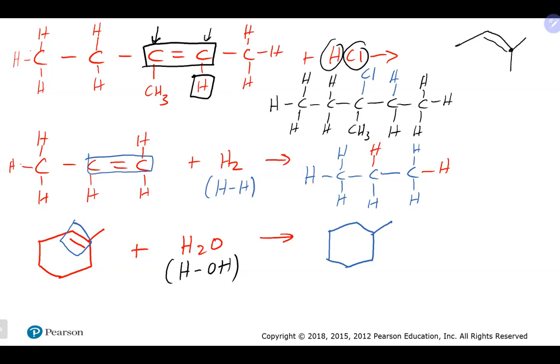So this carbon originally has how many hydrogens? How many lines are going into it? There are 1, 2, 3, and 4, which means no hydrogens on that guy.